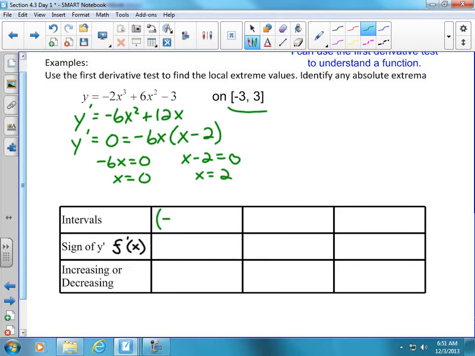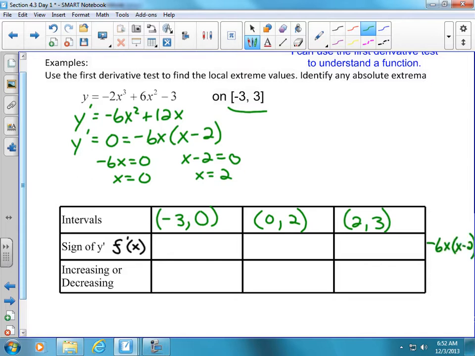So let's set up our intervals. Negative 3 to 0, 0 to 2, and 2 to positive 3. Okay, so what is the sign of the derivative on each of these? This is your derivative, negative 6x times x minus 2.